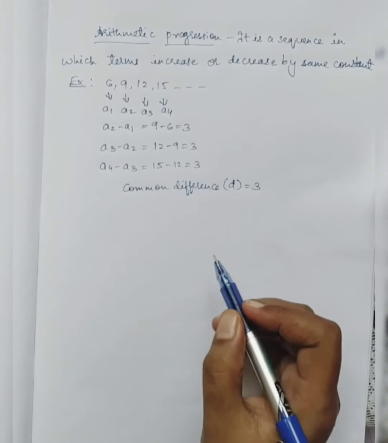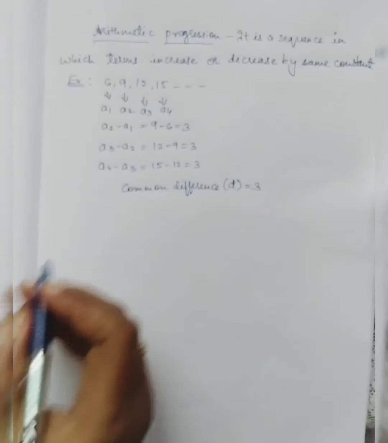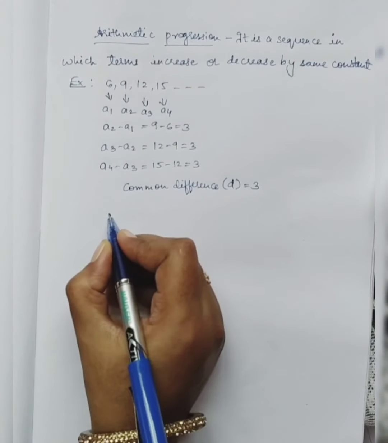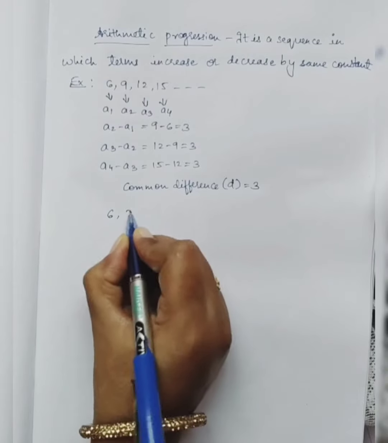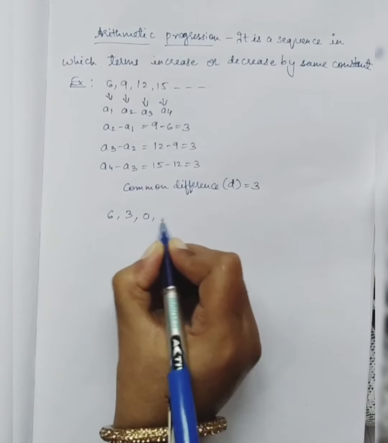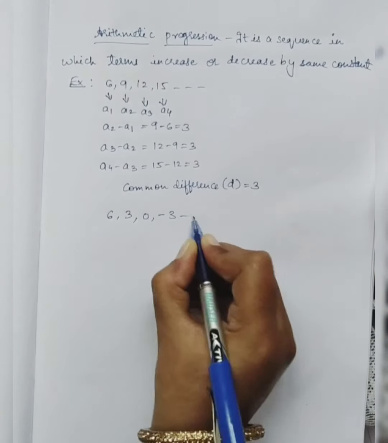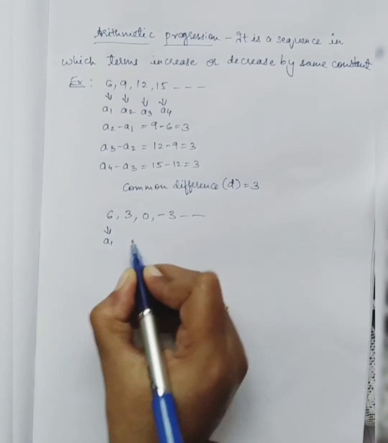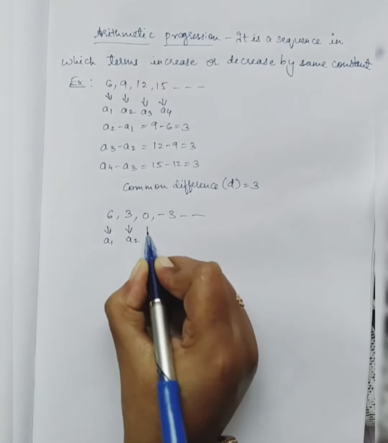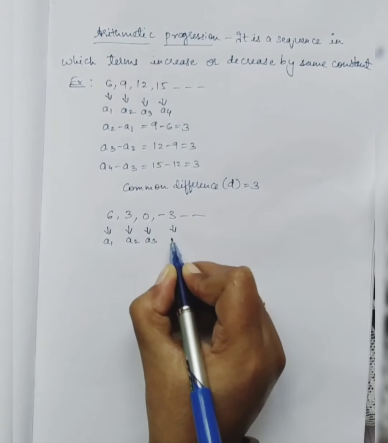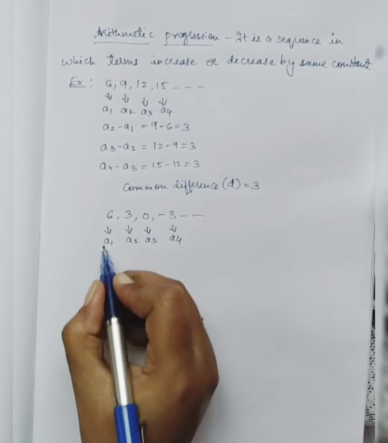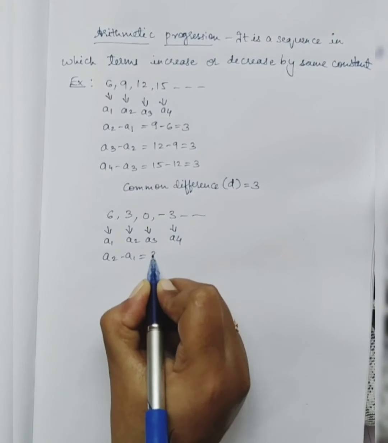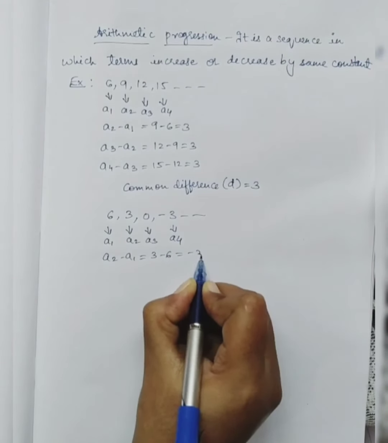So next I am going to take the example for negative AP. That how AP can be negative. So the example is 6, 3, 0, minus 3, so on. So similarly, as usual, we are going to denote it as A1, this as A2, this as A3 and this as A4. The same process, that is A2 minus A1. 3 minus 6 is minus 3.